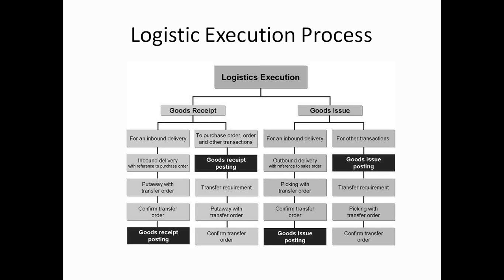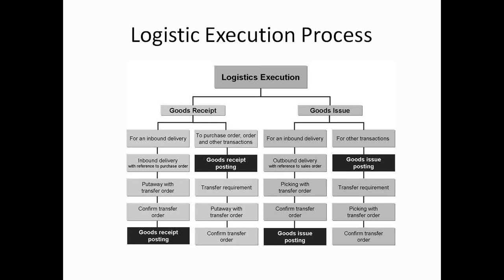In the same way, the goods issue process. For example, when we are working with the STO process, intercompany STO process, if you see the third column, an inbound delivery is created, and the outbound delivery is created with reference to the sales order or with reference to the STO.